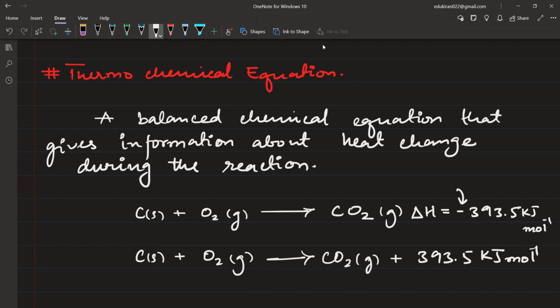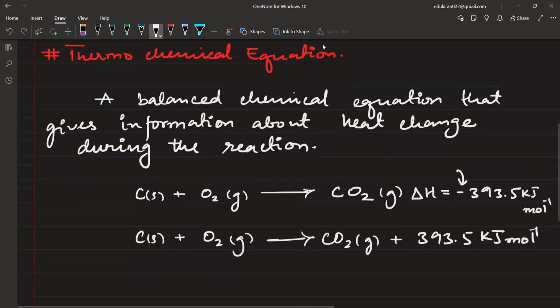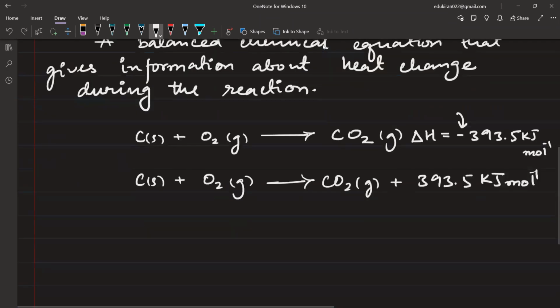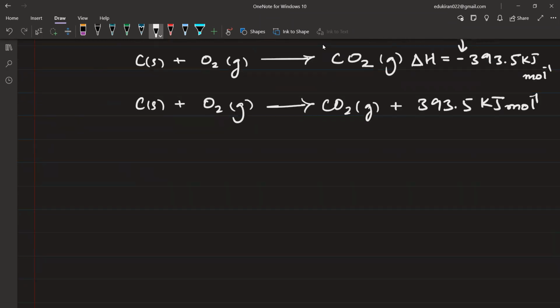This is a thermochemical equation. Now, there is a word that you are going to see many times. I hope you have written this. You are going to see many times in thermodynamics the term standard enthalpy of. So what is the meaning of this standard enthalpy of? Please write this down.